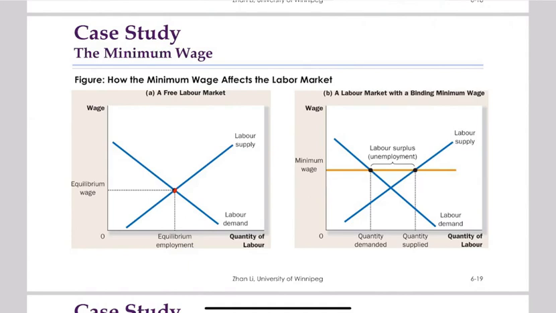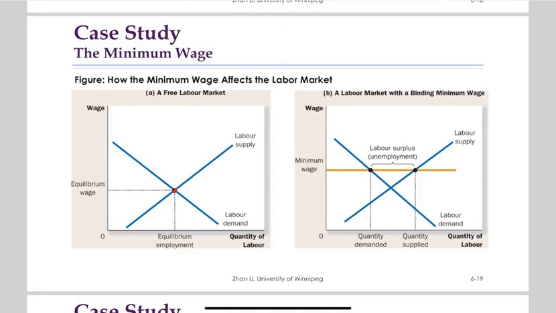Basically, it means that the wage is high. So firms, they don't like high wages. They will reduce their hiring. And workers are happy with high wages, so they will increase their labor supply. Or you could imagine that more people will want to work and find a job.